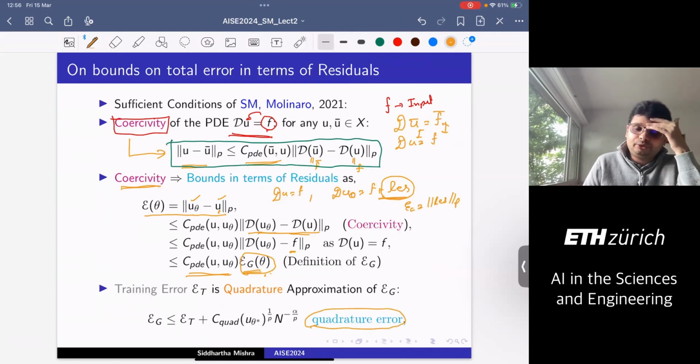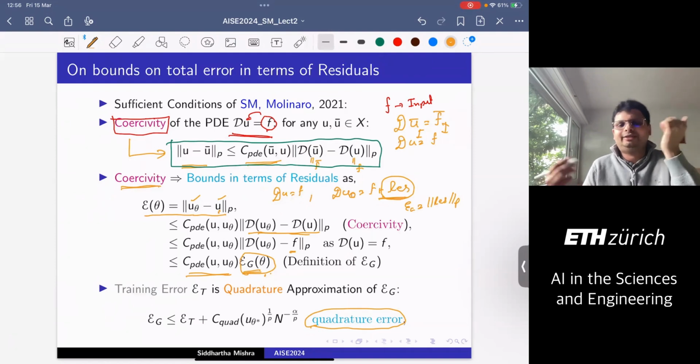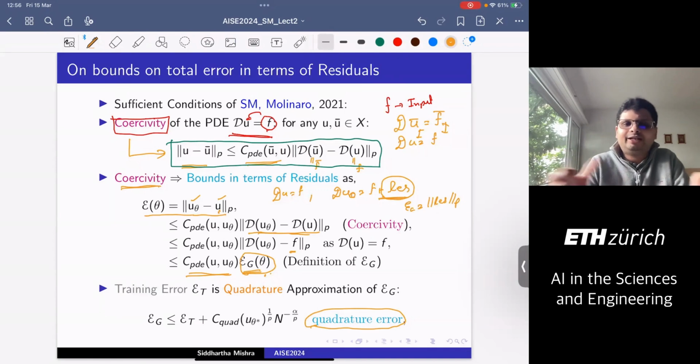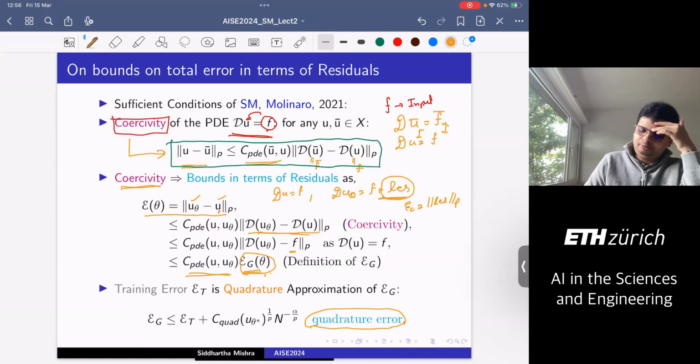For instance, if you use just random points, this number is going to be a half. Because we know that if you have random points, the central limit theorem tells us that you can approximate the integral of a function by just what is called the empirical sum or the pointwise sum, and the error is going to scale like the square root of the number of points.